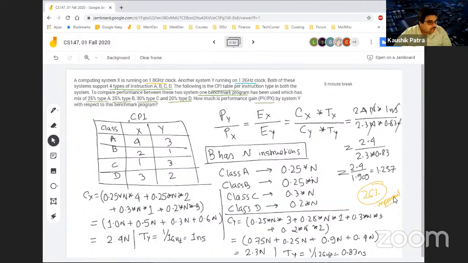Now it says that your system X is definitely trailing behind, and they need to respond to that market threat.